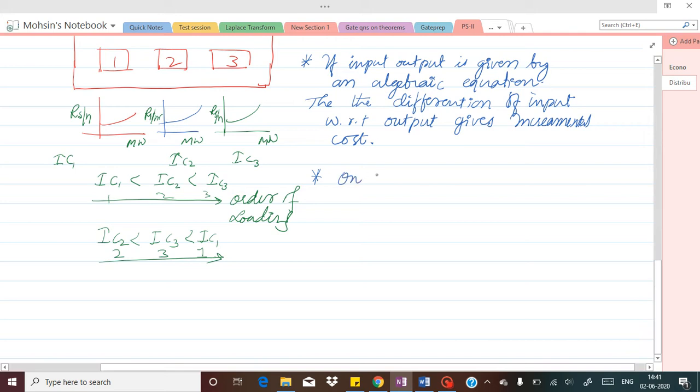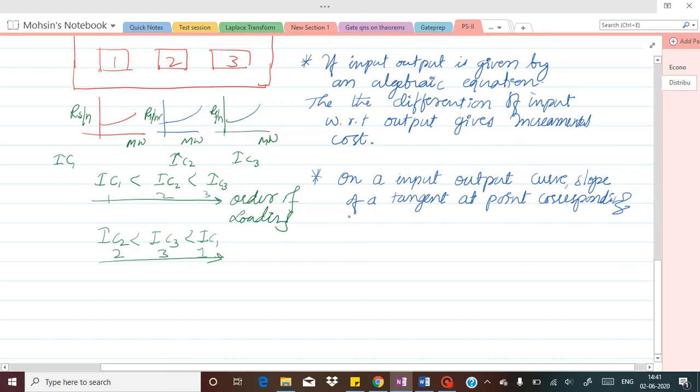So on an input output curve, the slope of a tangent at a point corresponding to the load gives the incremental cost.